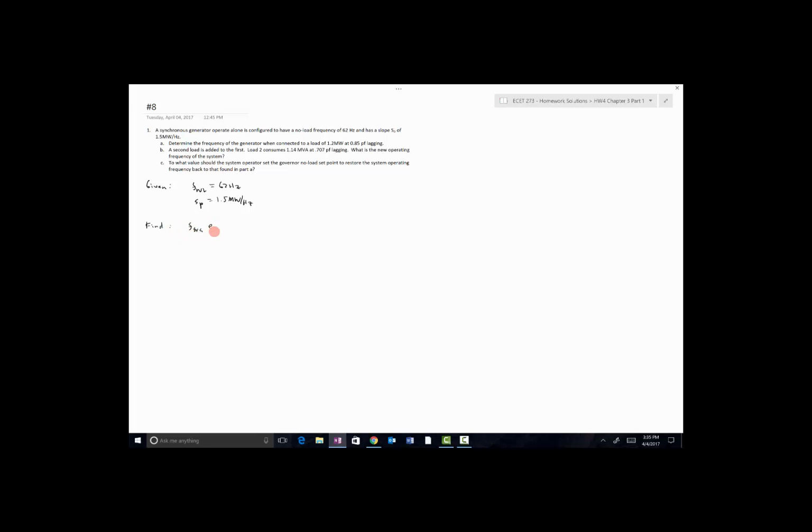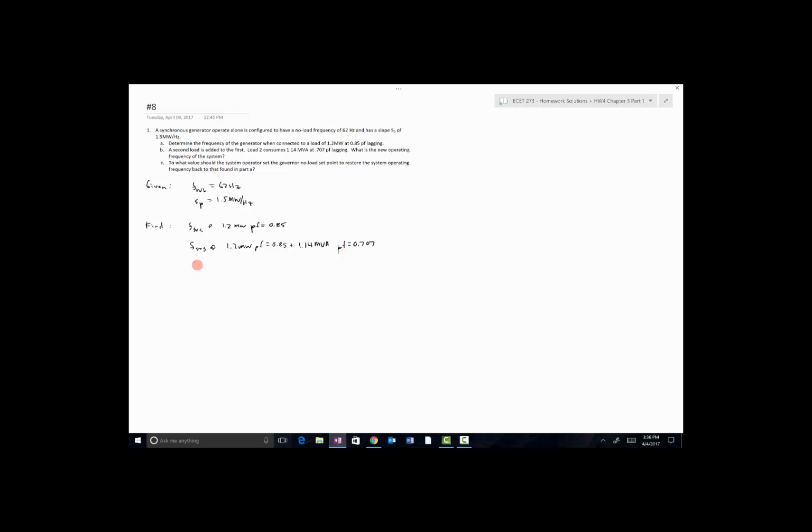And then we're asked to find F_sys at 1.2 megawatts, power factor equals 0.85, plus 1.14 MVA, power factor equals 0.707.